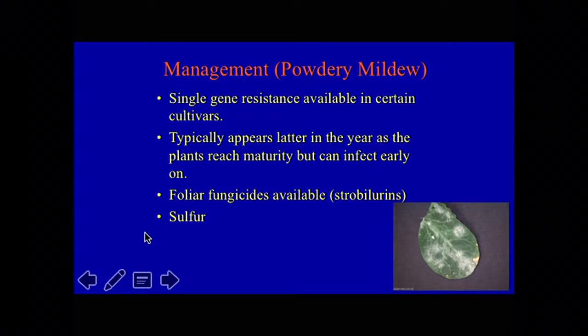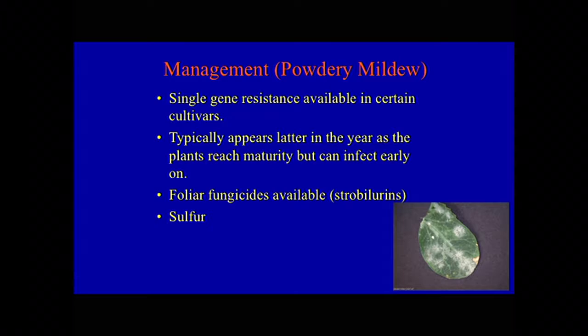And as far as management of powdery mildew, there's a lot of what's called single gene resistance available in certain cultivars across the lentils, chickpeas, and peas. And so it's a single gene, but there's different genes that can provide that resistance to different types of powdery mildew. Typically, the powdery mildew appears later in the year as the plants reach maturity, but it can infect early on.